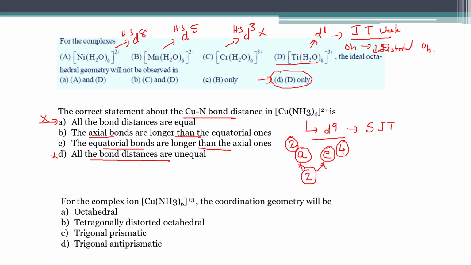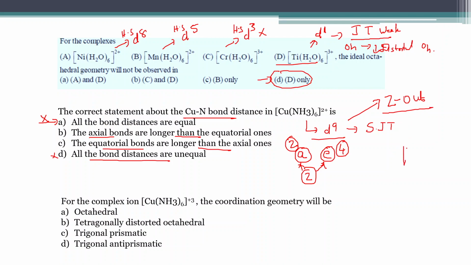The next question is whether axial bonds are longer than equatorial bonds, or equatorial bonds are longer than axial bonds. We also have to look into which type of distortion is shown here. We know that a d9 system has a z-out type of distortion.